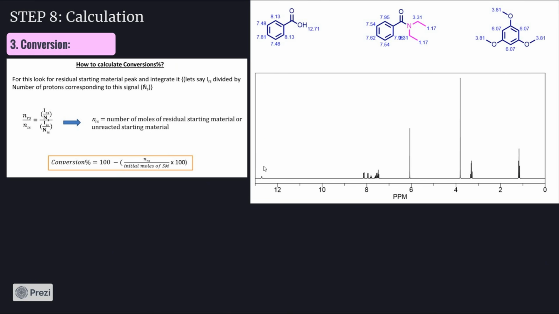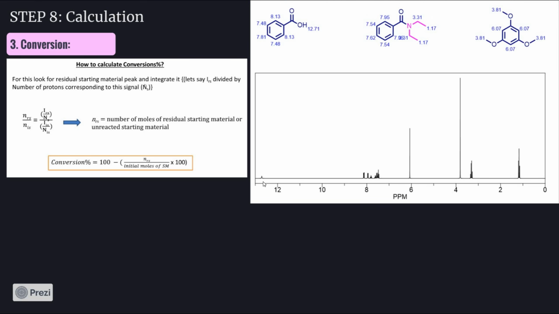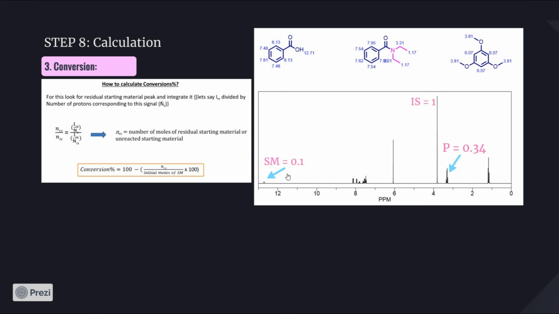So let's solve this equation. First we are going to do the integration of this unreacted starting material, because this part is overlapped, so we don't know which is coming from the benzoic acid. So I'm not going to take the integration of this one. I will take the integration of this carboxylic group. So the integration of the starting material is 0.1. Now we are going to use this equation and let's see the result.